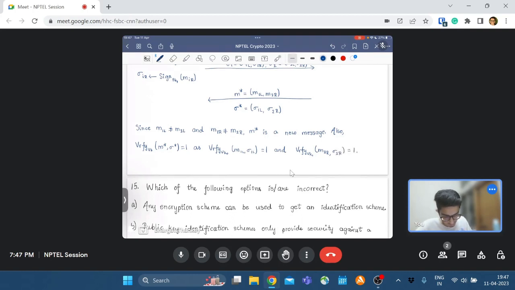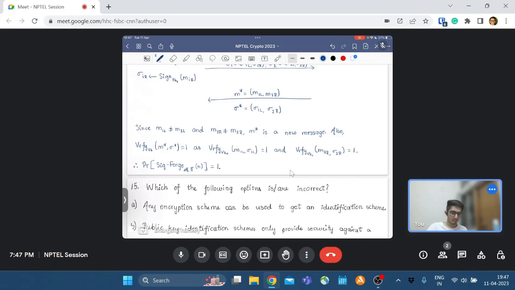Therefore, probability that Sigforge is equal to 1. So A wins the signature forgery game again with probability 1, and so this scheme is also not secure.